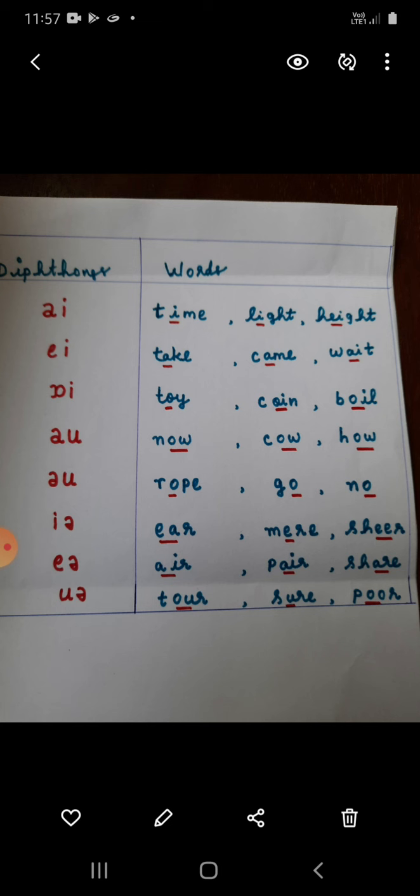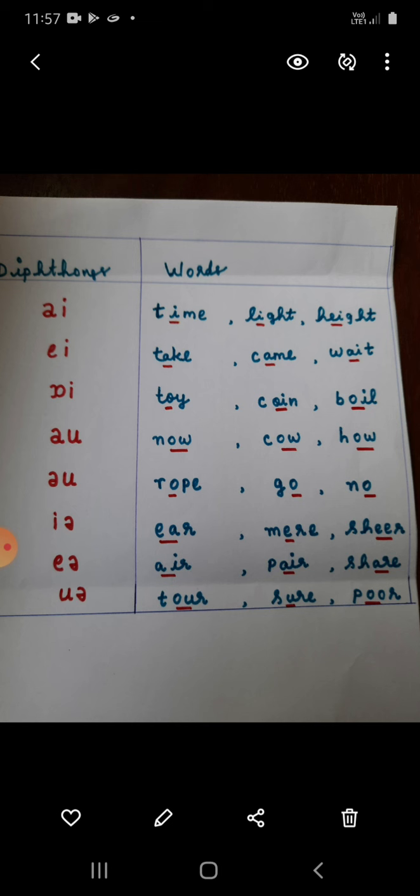Understood? So when 2 vowel sounds are combined into one sound, it is called a diphthong sound. Diphthongs are also known as gliding vowels. That's not of much importance for you, but just for your information, I am saying that it is also known as gliding vowels.